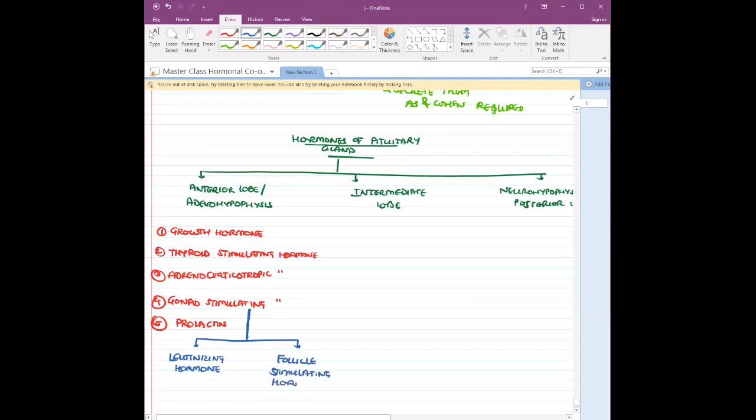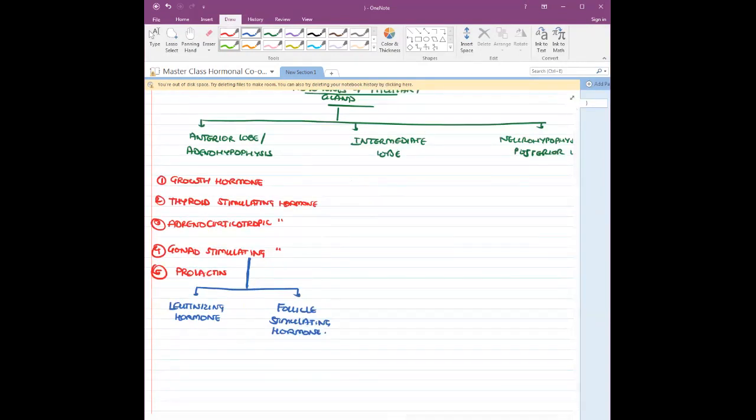And guys, there is one more recent addition over here: GIP, gastric inhibitory peptide. If you remember, we had seen this in your digestive system, where it stops the motion so that you have maximum absorption of food. So we have gastric inhibitory peptide. That is what we need to know about the hormones of your anterior lobe.